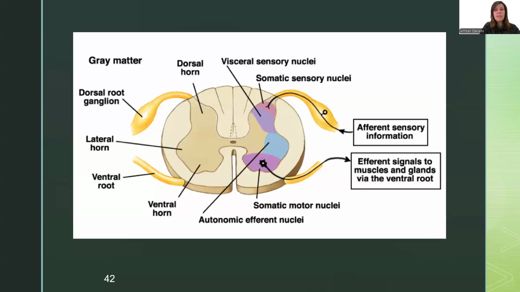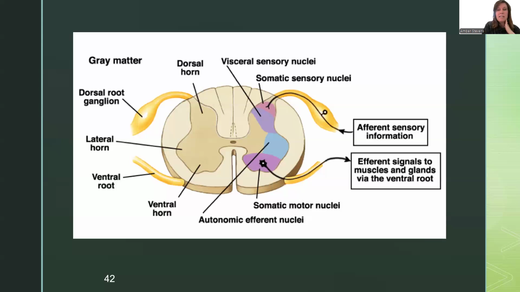Then you can see the dorsal root, which is the posterior root. It contains your sensory or afferent fibers. These fibers transmit signals from your sensory receptors in the body to the CNS. So your ventral root is sending signals out to the body. Your dorsal root is sending signals from the body up to the brain.